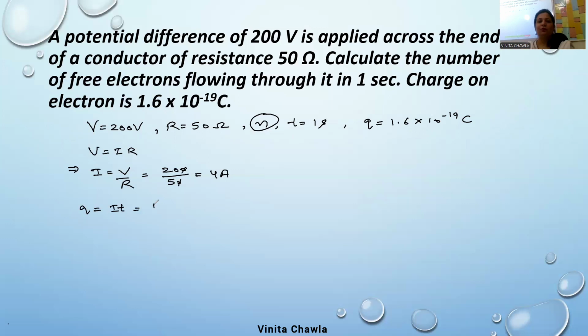So 4 into 1, it's 4 coulomb. Q is equal to NE. This implies N is equal to Q by E. Now put the values. It's 4 upon 1.6 into 10 raised to the power minus 19.